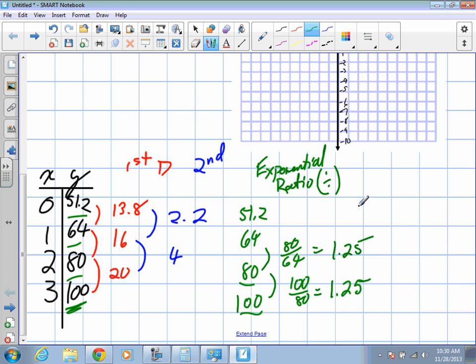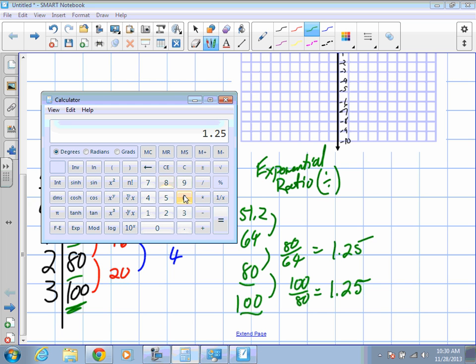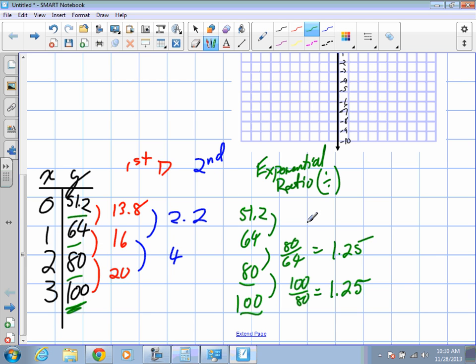And then finally, 64 divided by 51.2. And again, we get 1.25. So this relationship is known as an exponential relationship.